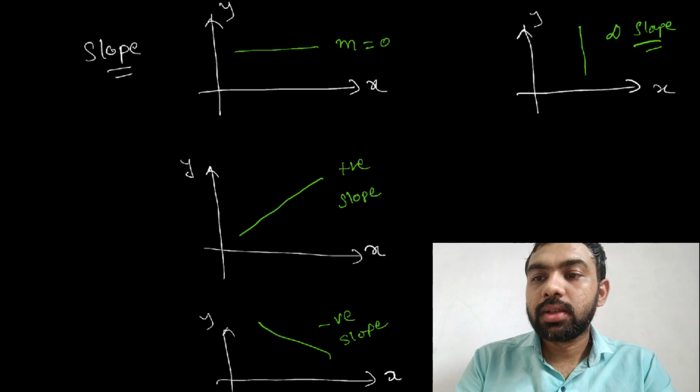Okay, let's see the next case. Suppose you write a slope, then how do you get it? You must understand it properly. Whenever you write any equation, how do you use it? Suppose we discuss one example.